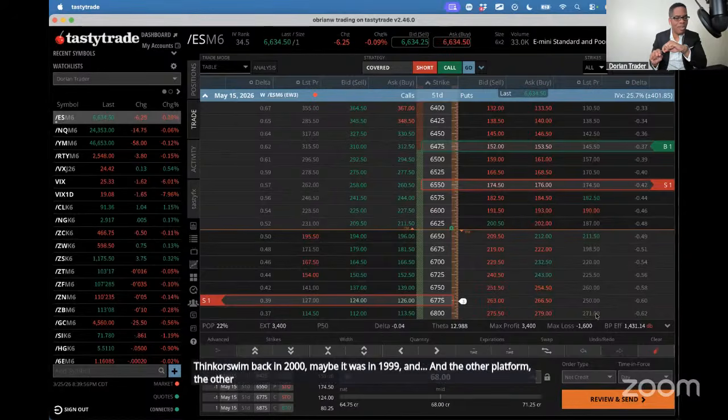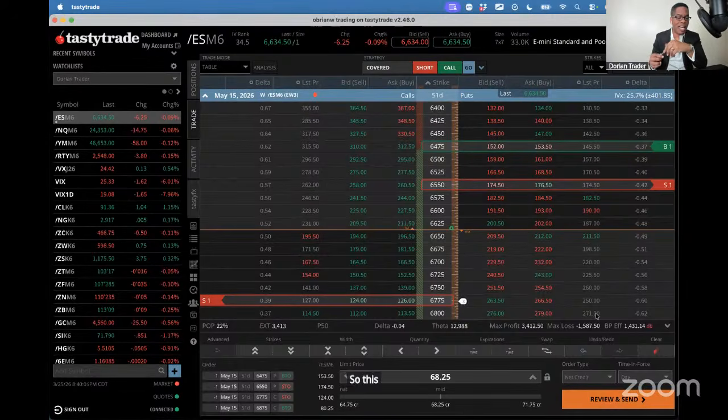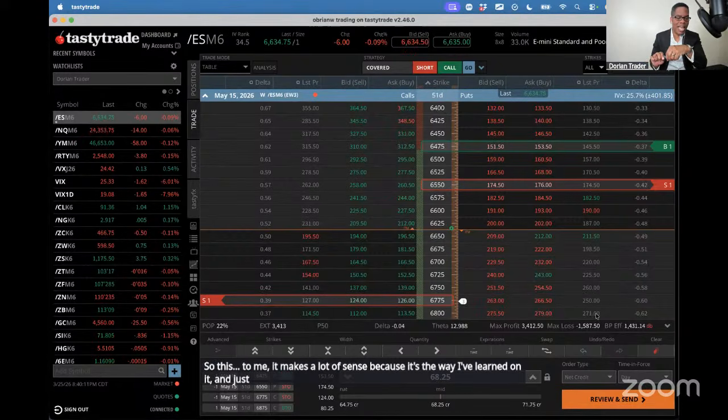The other brokerage firms asked why they did it that way, and now everybody does it this way. To me, it makes a lot of sense because it's the way I've learned on it, and just the dynamics of how you set it up.